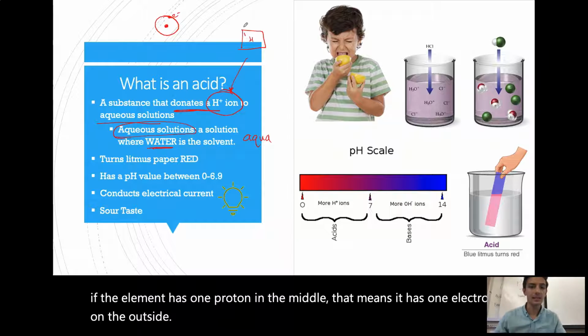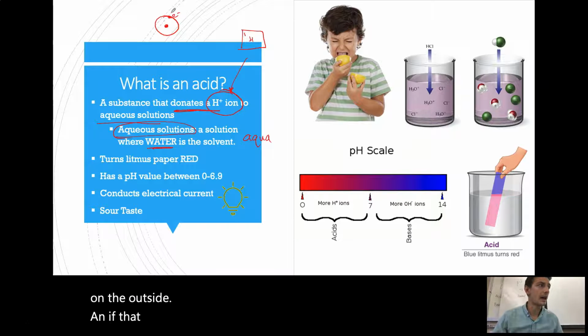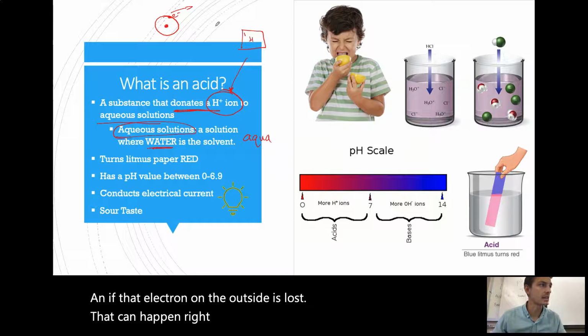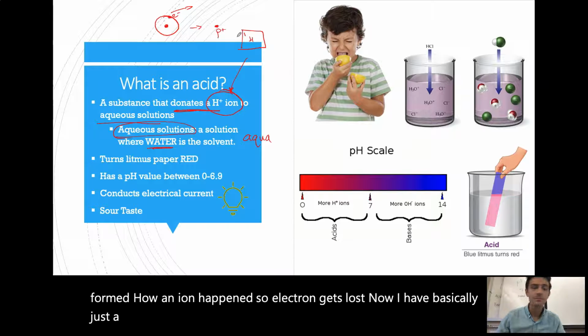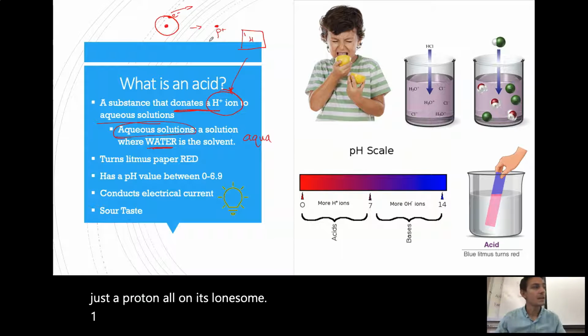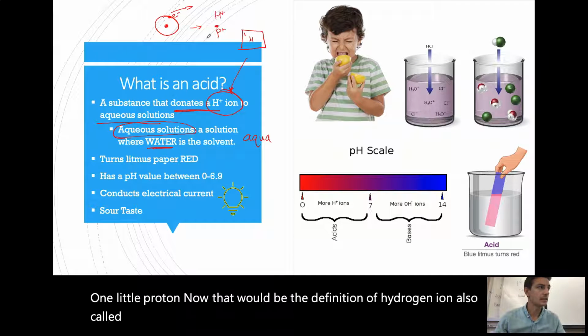And if that electron on the outside is lost, that can happen, right? The electron gets lost and now we have an ion formed. That's how an ion happens. So the electron gets lost. Well, now I have basically just a proton all on its lonesome. 1 little proton. Now, that would be the definition of a hydrogen ion, also called H+, and that's what we're talking about.